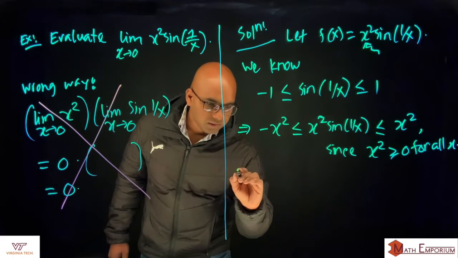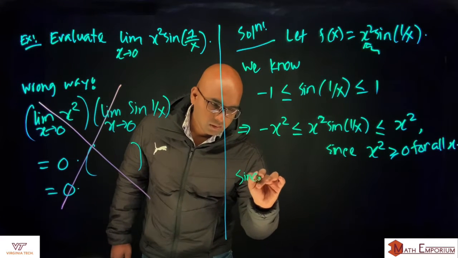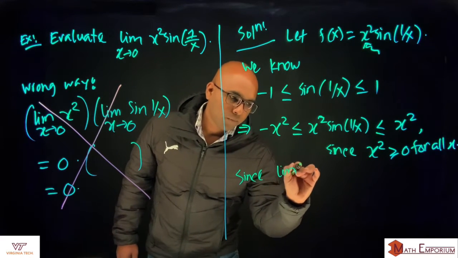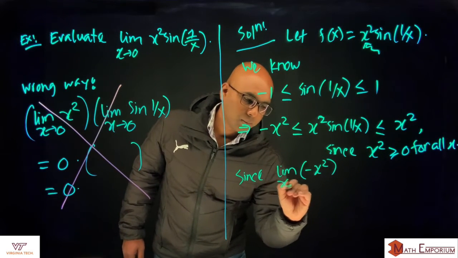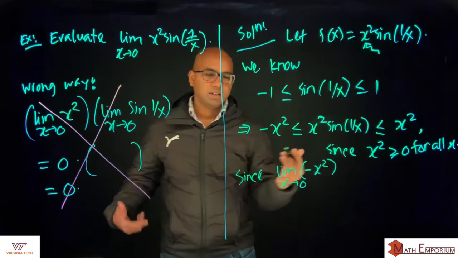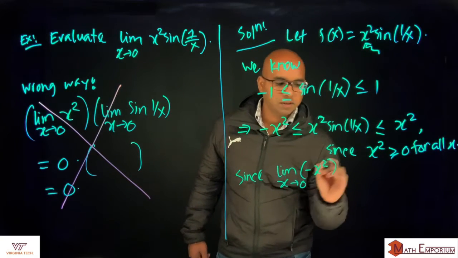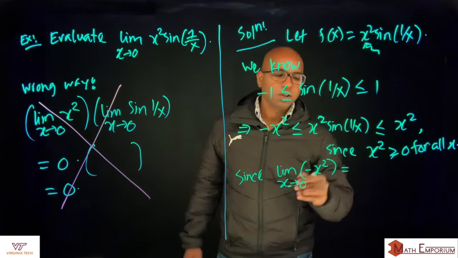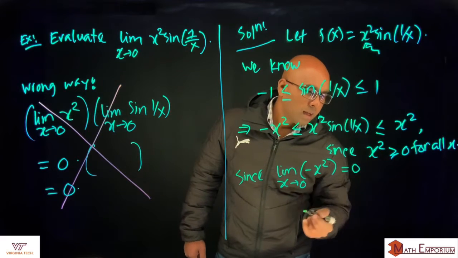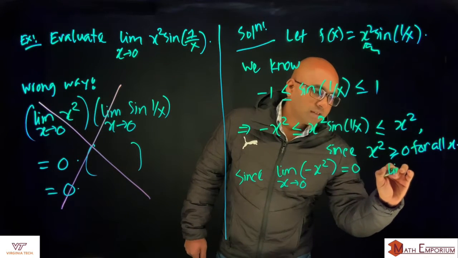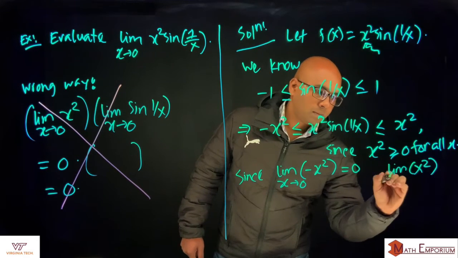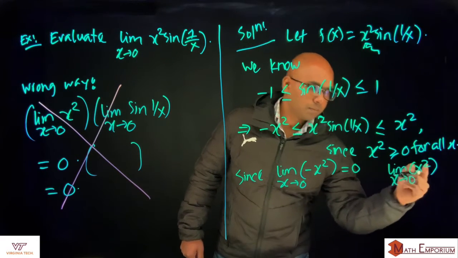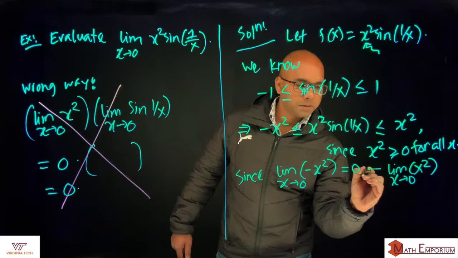Now, the limit of this function, negative x squared as x approaches 0. What is that limit? It's a polynomial, right? You can just plug in. So this is negative 0, which is just 0. But what is the limit of x squared, this function on the right side, as x approaches 0? That is also 0, right?